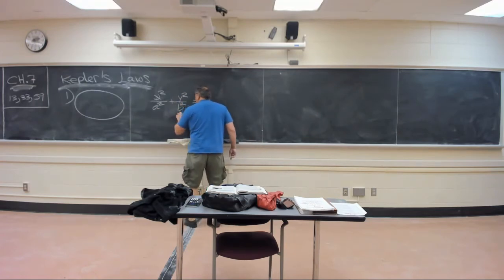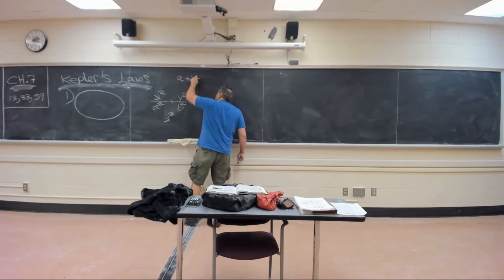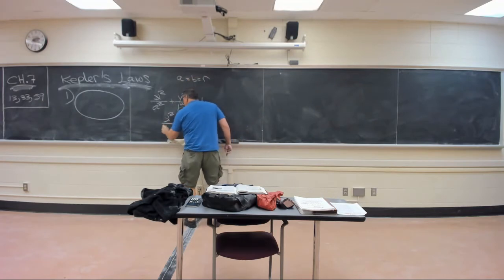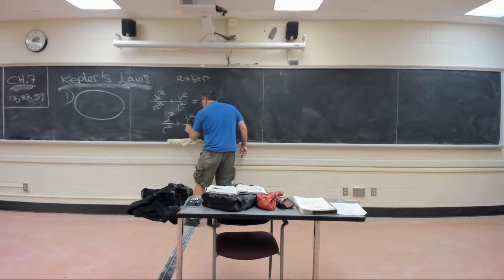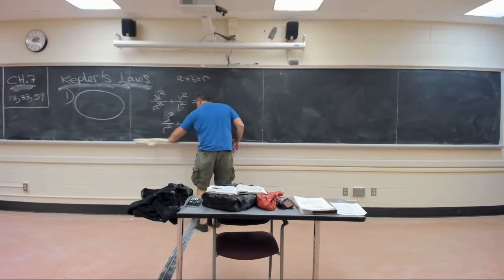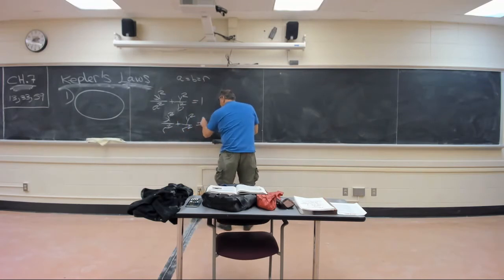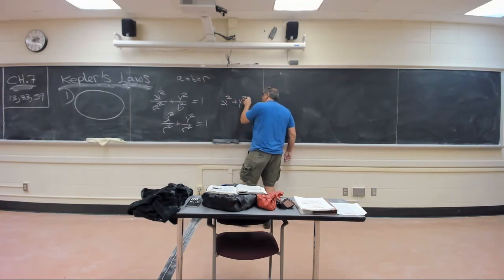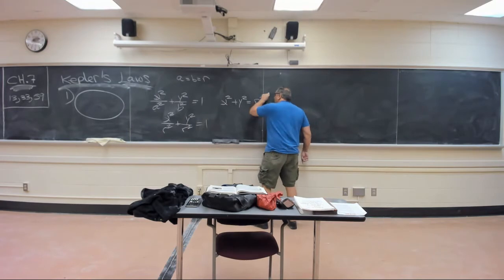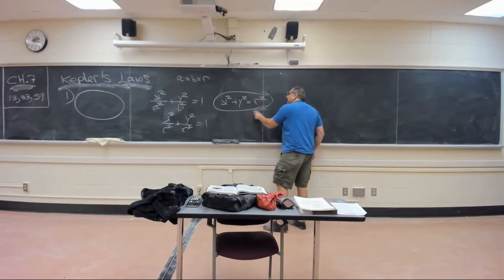If a and b are equal, let's say a equals b equals r, then multiply by r squared on each side, and you get the famous equation of a circle in two-dimensional space.